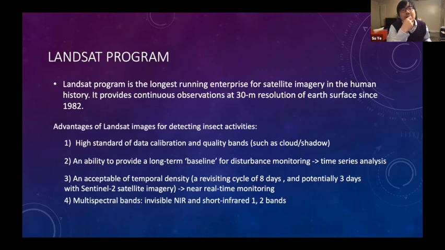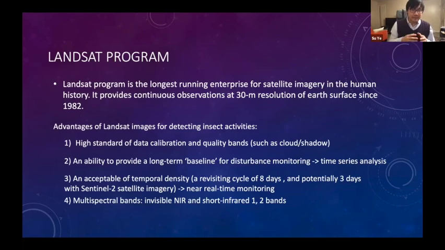And the fourth reason is that the Landsat dataset has multispectral bands. Especially it has several invisible bands, like a near infrared band and two shortwave infrared bands. The shortwave infrared band is very important for our insect detection based on our past studies, because shortwave infrared bands are often linked to the water stress of vegetation.